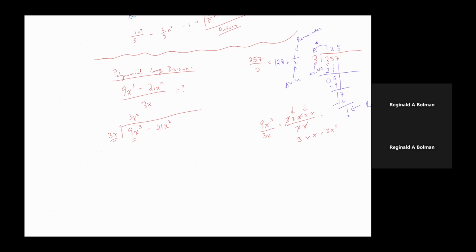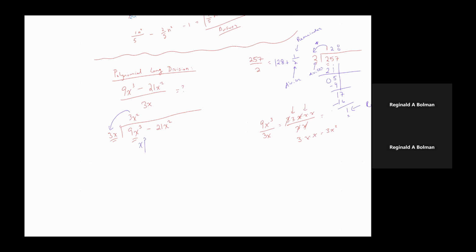Now what you do with that term is, just like in the previous long division problem, you back multiply with whatever is out in front. So now we're doing 3x squared times 3x, and x squared times x gives you an x cubed. 3 times 3 gives you 9.